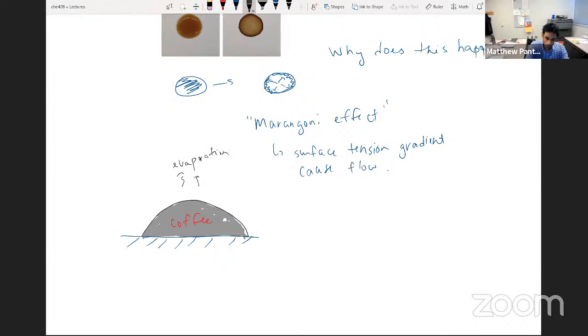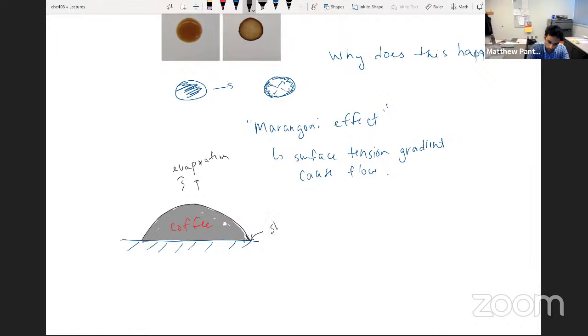If we look at this interface, right at the edge, this is going to have a higher surface area to volume ratio near where it's in contact, because it's spreading out. It's not slightly higher, it's much higher.